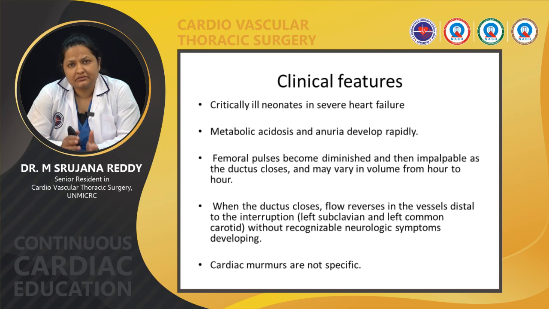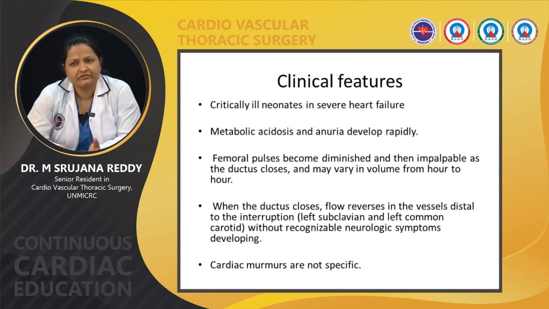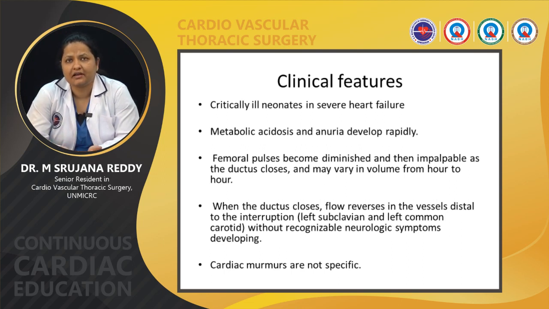Usually when the ductus closes, the flow reverses in the vessels distal to the interruption without much recognizable neurological symptoms. There are as such no specific cardiac murmurs. On auscultation, we can hear murmurs which are due to the associated VSDs or other cardiac anomalies.